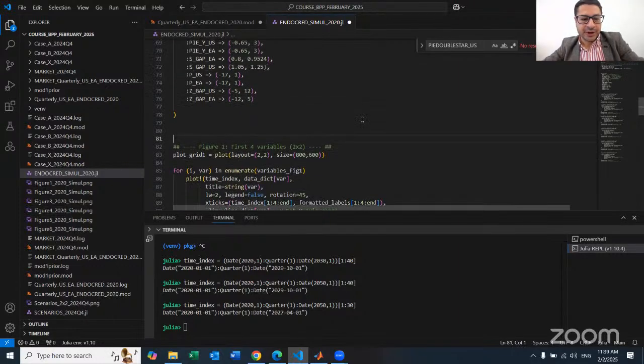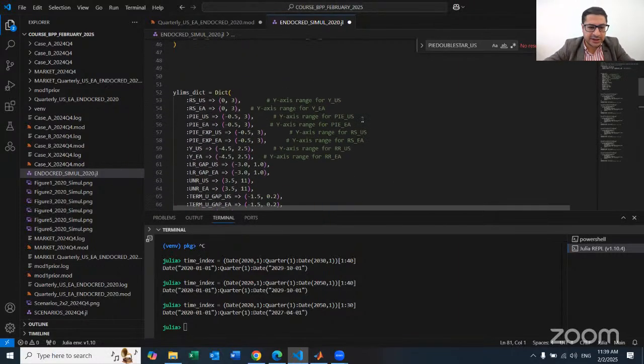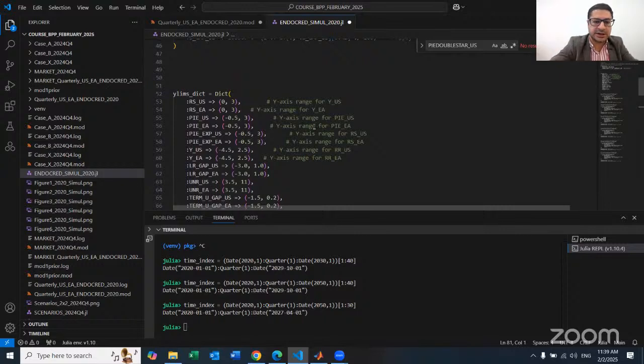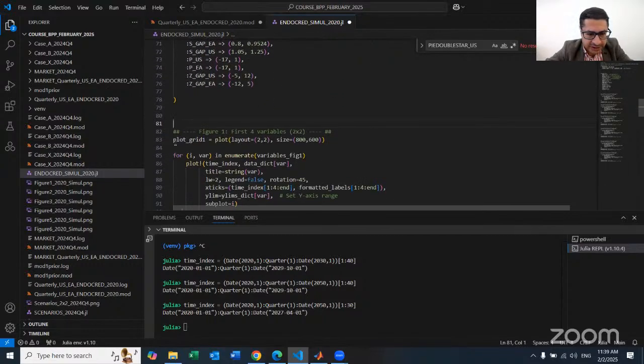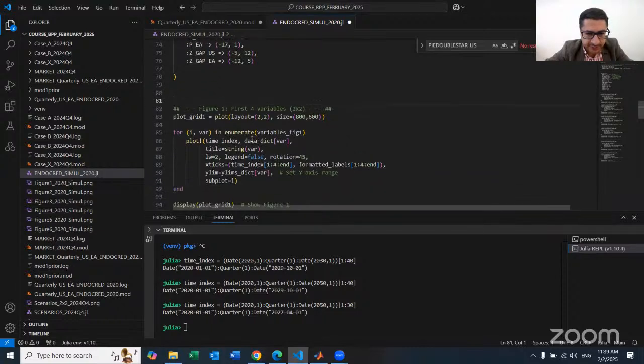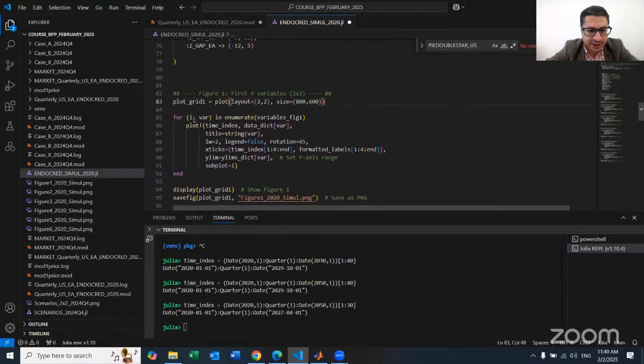Okay, then when we are setting some limits or the range for the y-axis for all the variables, we are saying plot some figure, and it should be 2 by 2, putting four variables in the figure.